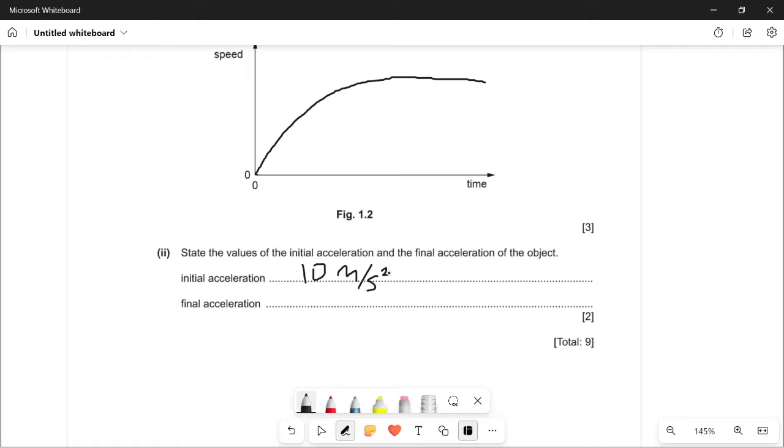So the initial acceleration is 10 meters per second squared. And the final acceleration: we know this is a horizontal line. In a speed-time graph, if the line is horizontal, the acceleration is 0. So the final acceleration is 0.